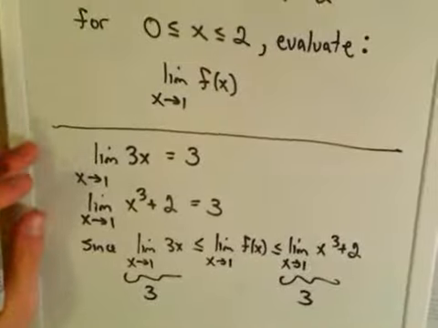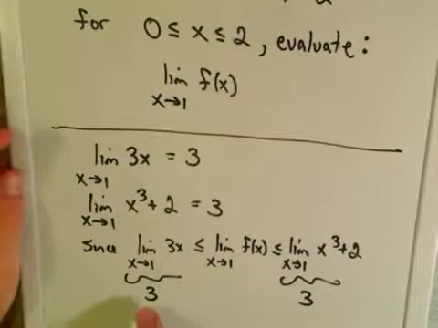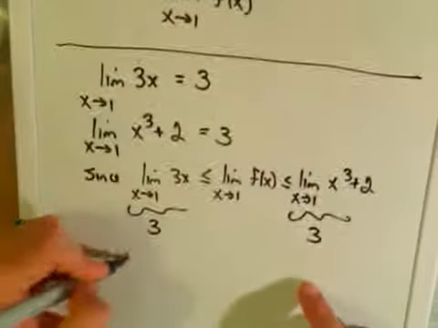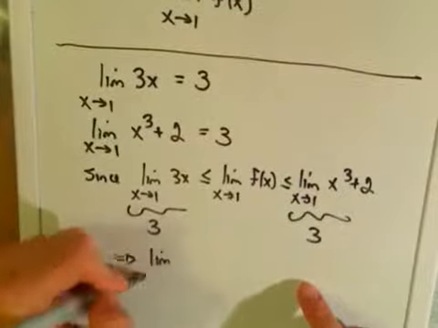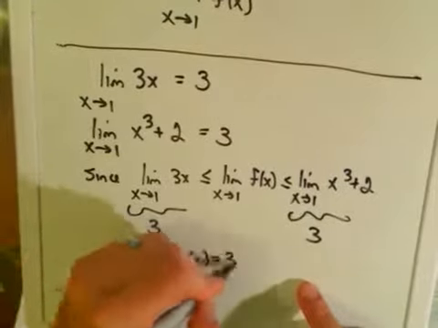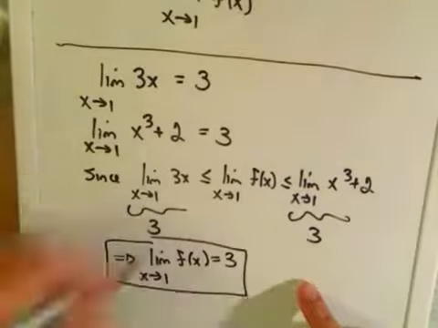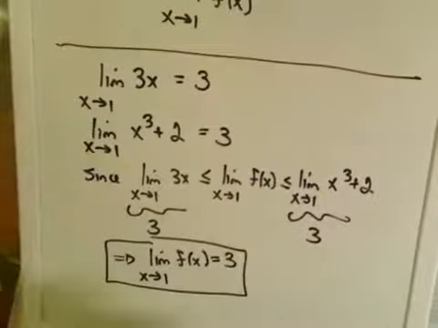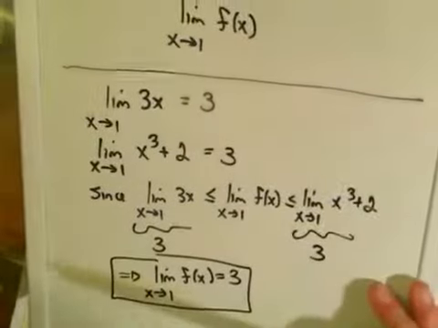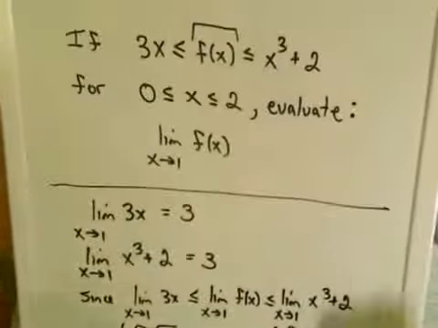So the limit of the stuff in the middle would have to be greater than or equal to 3 and less than or equal to 3, which obviously would imply, by the squeeze theorem, that the limit as x approaches 1 of our function must also be the value of 3. Okay, so let's do one other squeeze theorem problem.